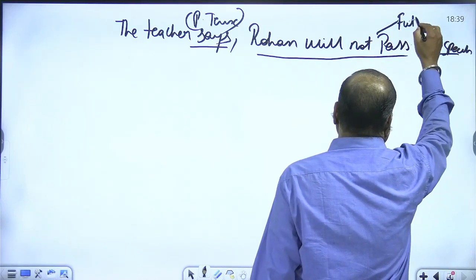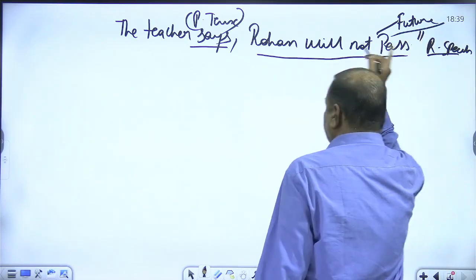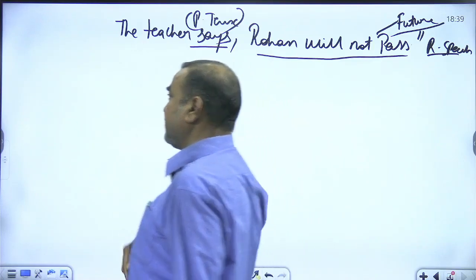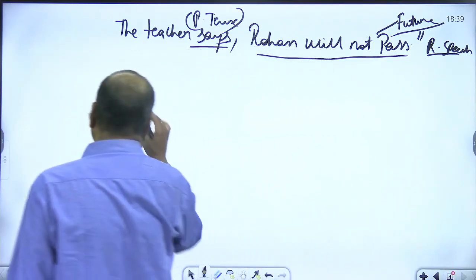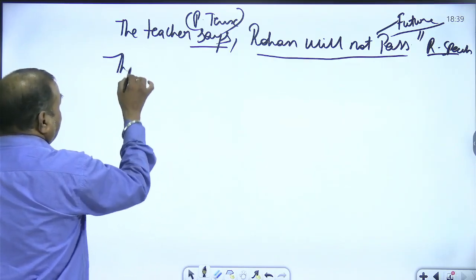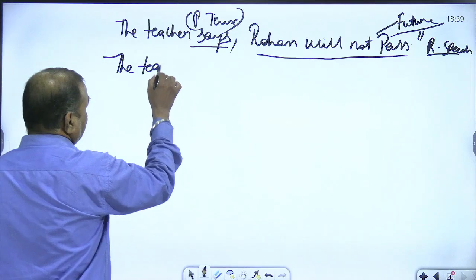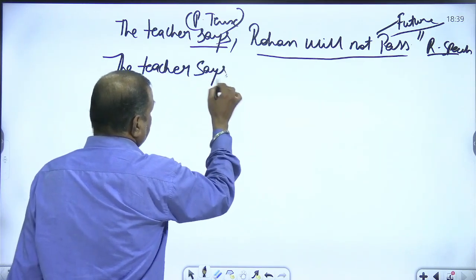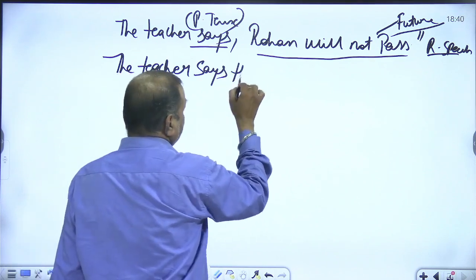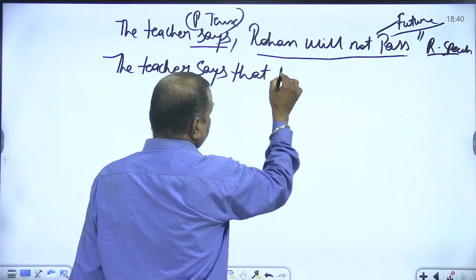I have given you three examples. First was in past tense, second was in present tense, and this is in future tense. Rohan will not pass. Again, there will be no change. The teacher says, then you use the conjunction that.